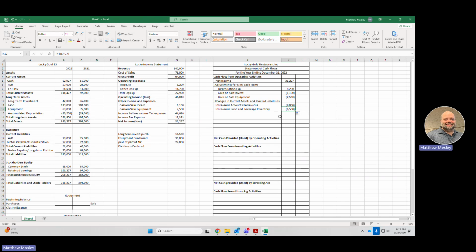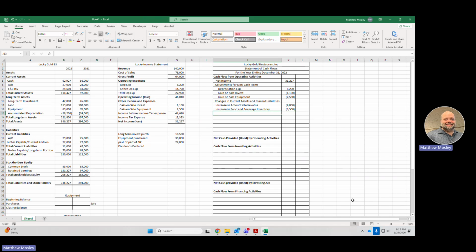Because when it increases, we have to subtract it, because money went out. And if you want to verify that it did the right numbers, it'll show you right there that it was the current year minus the previous year. That's the change, which happened to be a positive. Okay.